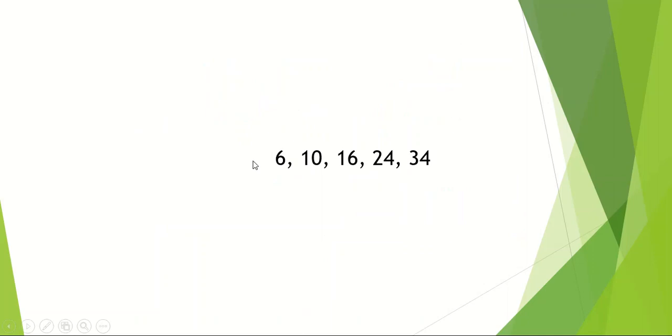Next, the sequence 6, 10, 16, 24, 34. If you get the differences, you will notice that they don't have the same difference. So this is not a linear sequence. But observe that if we continue getting the difference between these differences, we will get a constant difference of 2.